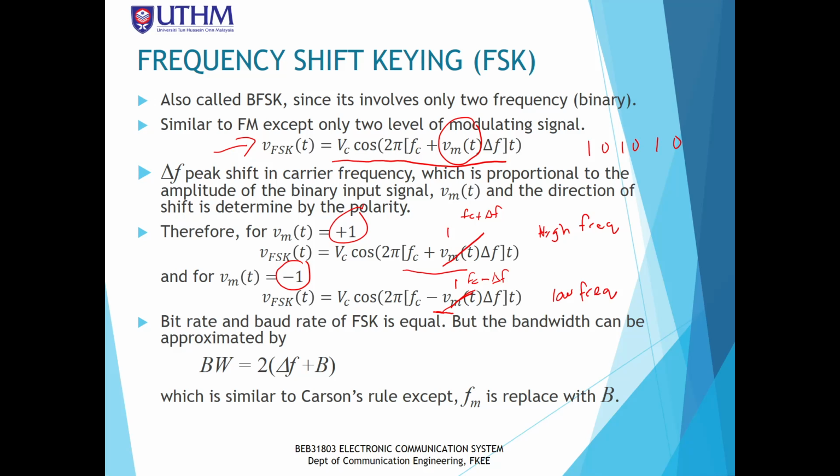Therefore, the bandwidth is equal to 2 times delta F plus B. B di sini adalah nilai frequency of the input signal. Okay, so this is like the Carson. Bandwidthnya adalah seperti Carson.